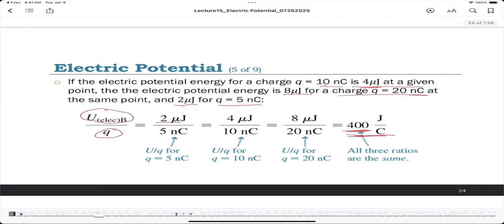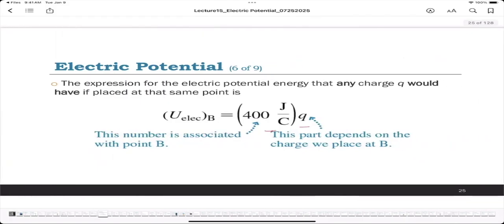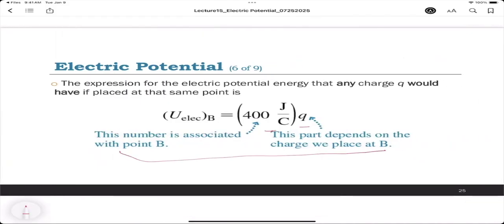So for this example we have this equation, but for another example this value will change. Does that make sense to you?